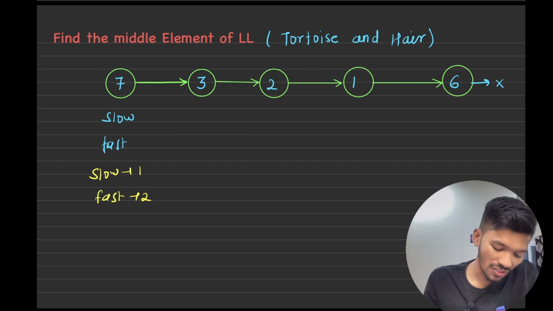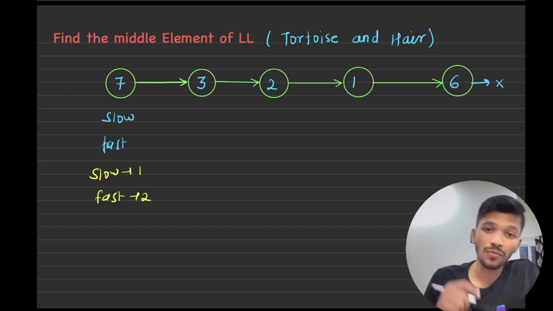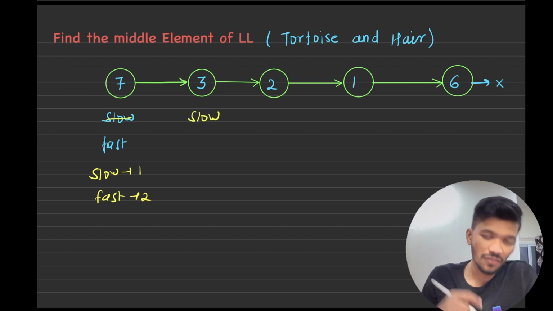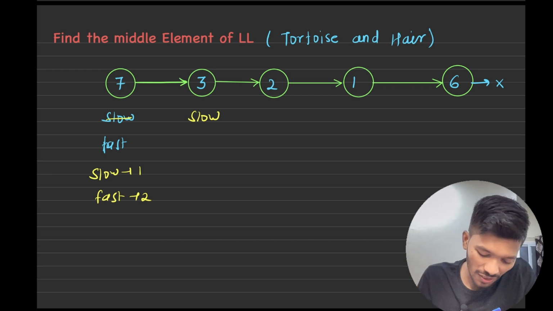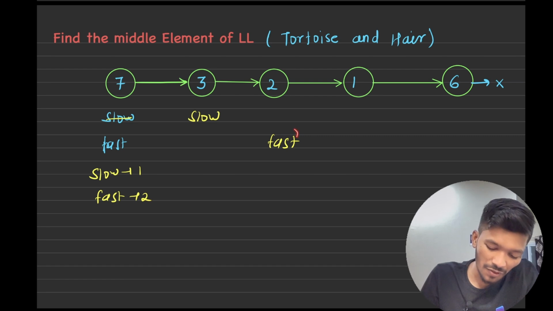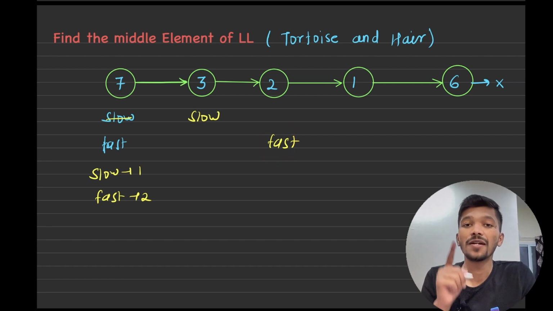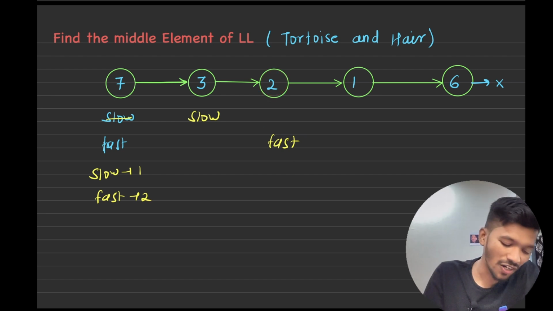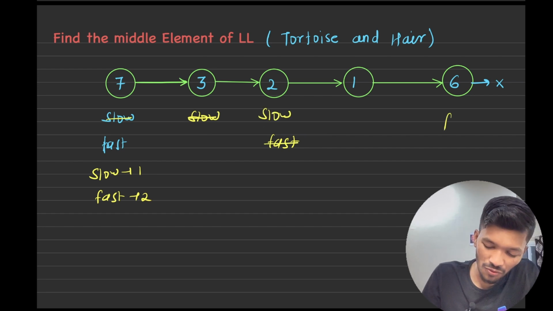Now let's check how it happens. I told you slow will move by one position, so here it will be slow, and we said that fast will move by two positions, so here it will be fast. If you observe carefully, fast is not pointing to null, it is pointing to a particular node, which means there are still some nodes present in our linked list. So again I will take my slow by one position and my fast by two positions.